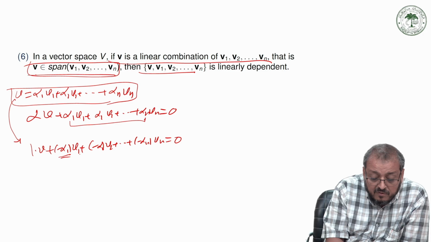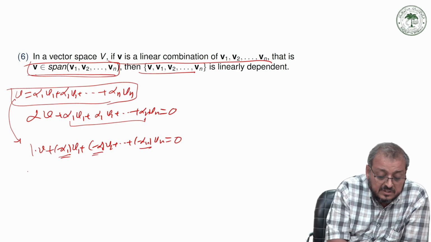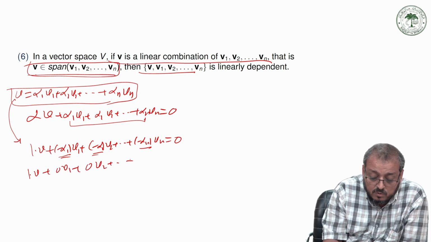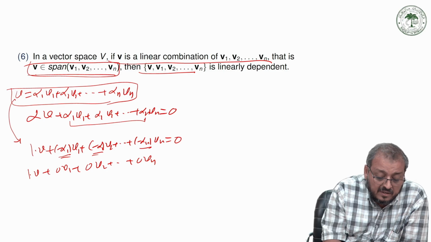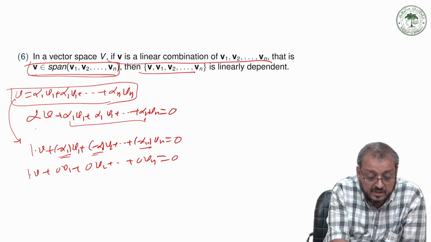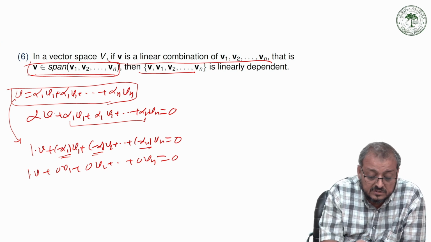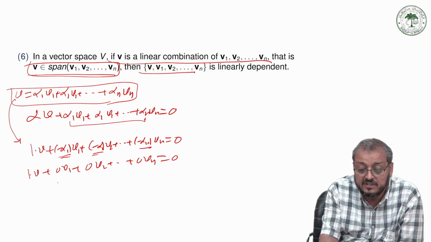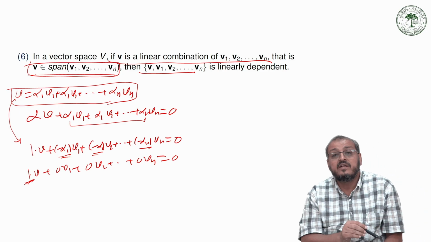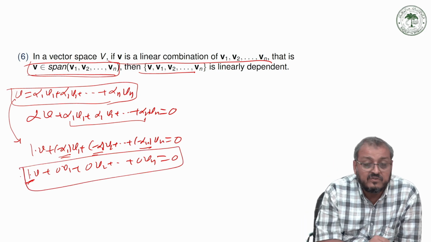Now even if alpha 1, alpha 2, up to alpha n are 0, for example, we can write 1 into v plus 0 into v1 plus 0 into v2 and so on plus 0 into vn, and this again is the 0 vector. So clearly there is a non-zero coefficient, and this is a non-trivial linear combination.